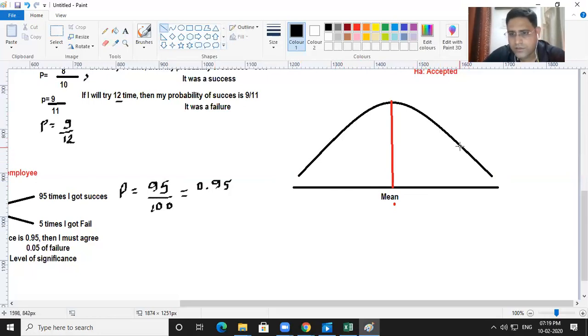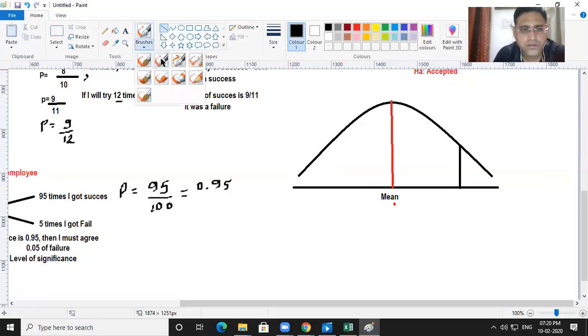Let us suppose I'm taking this one. And this line never meets the x-axis, so it will be like this only. Let me try to draw it. This will come like this.